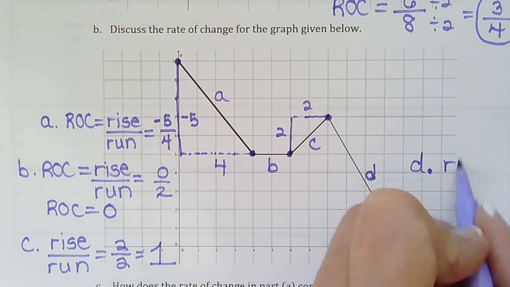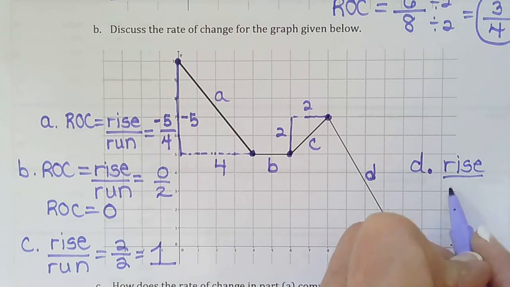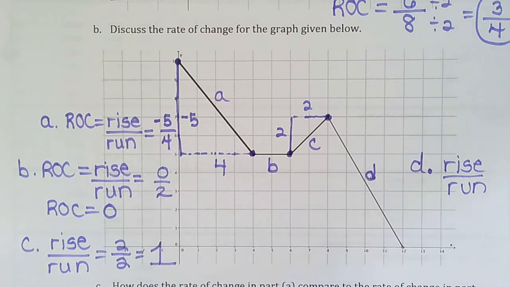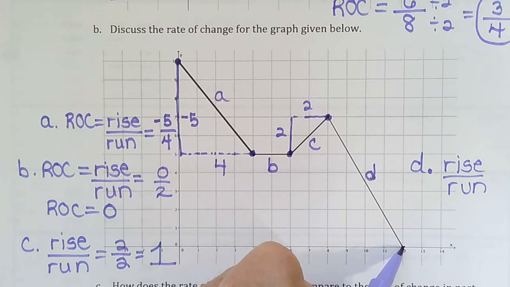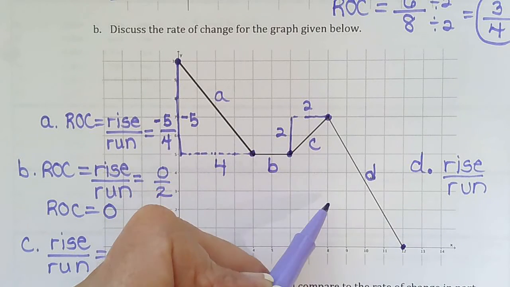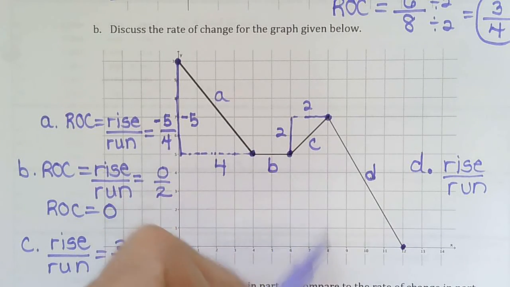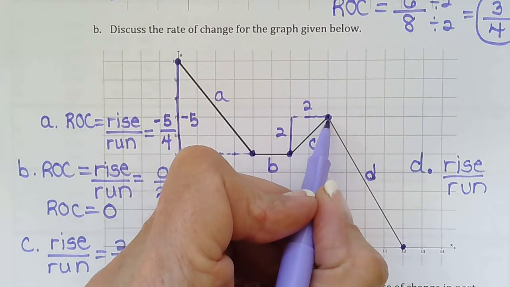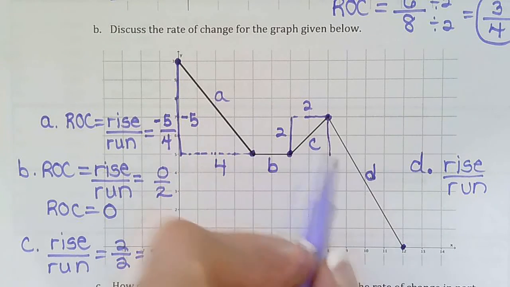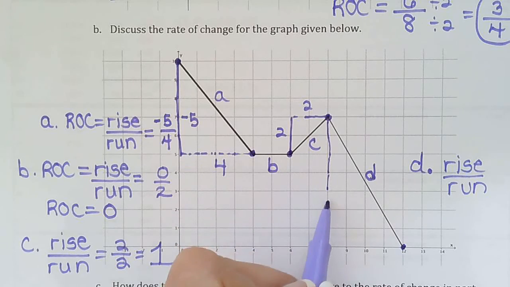So with rise over run, we can find the rate of change or slope. Traveling from the left point to the right point, notice we're going down, so that tells us the slope's going to be negative, which it should be because the line's falling. 1, 2, 3, 4, 5, 6, 7.